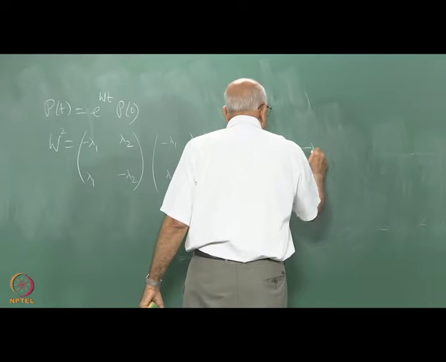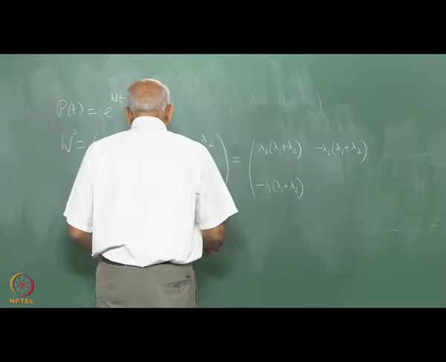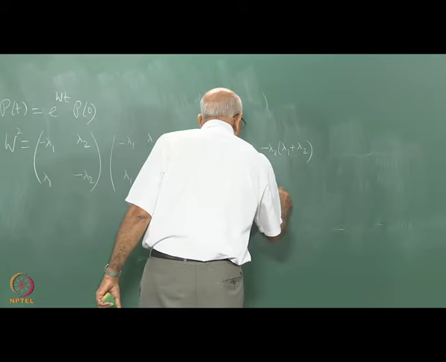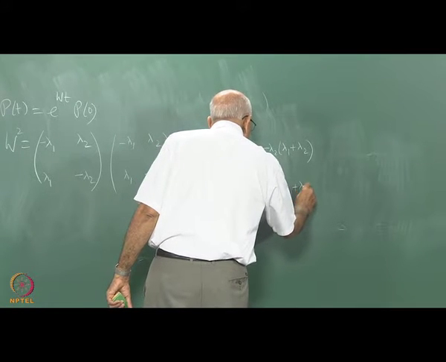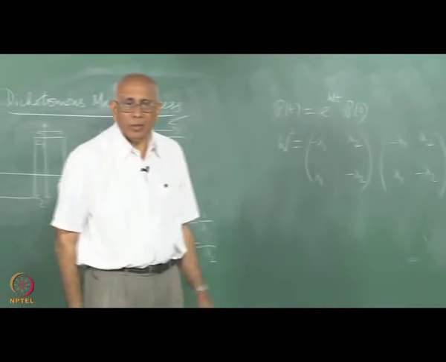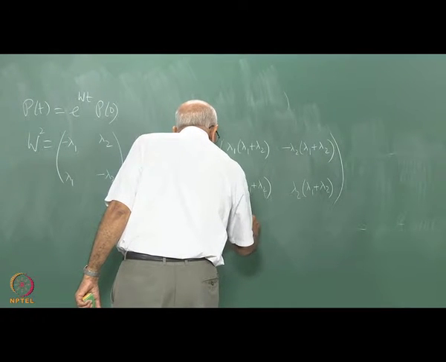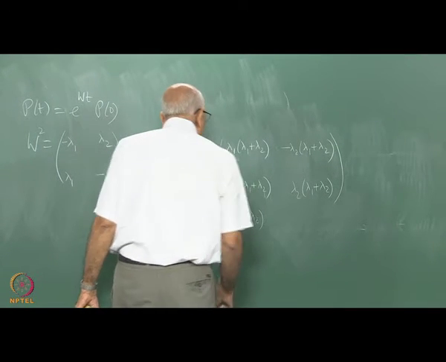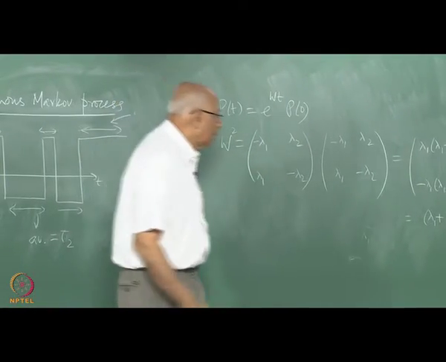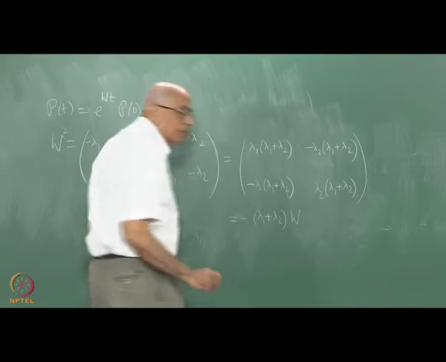So it is minus lambda 2 into lambda 1 plus lambda 2, and then finally lambda 1 lambda 2 plus lambda 2 squared. So that is lambda 2 into lambda 1 plus lambda 2. So we can take out the lambda 1 plus lambda 2 and write this as equal to lambda 1 plus lambda 2 times lambda 1 minus lambda 1, that is just minus of this guy out here.